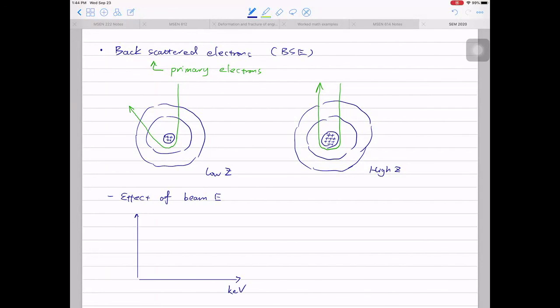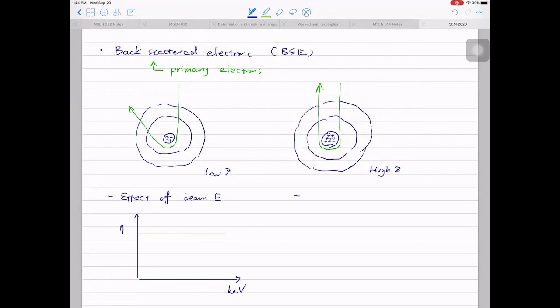On the y-axis, that's the yield, eta. What people found was it's a straight line. Doesn't matter how you change the keV, the yield of backscattered electrons is relatively insensitive to that. So this is in contrast to what we discussed back in the secondary electrons.